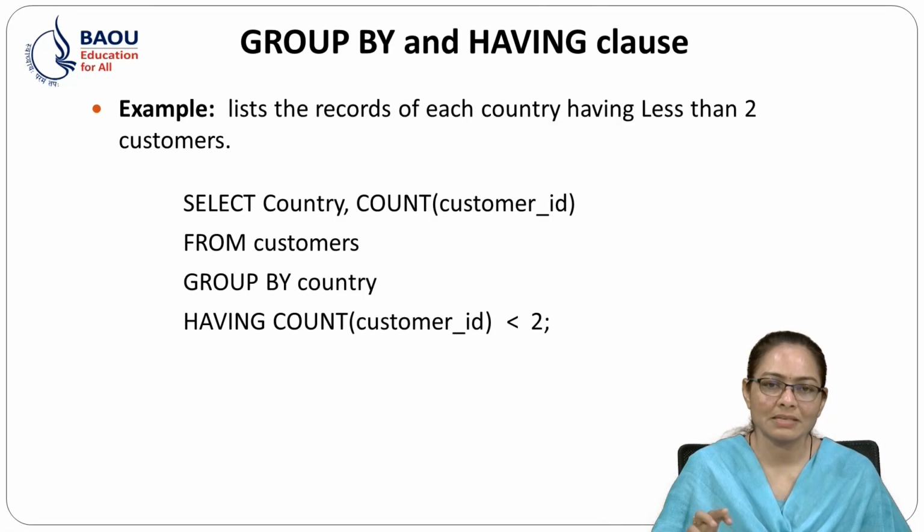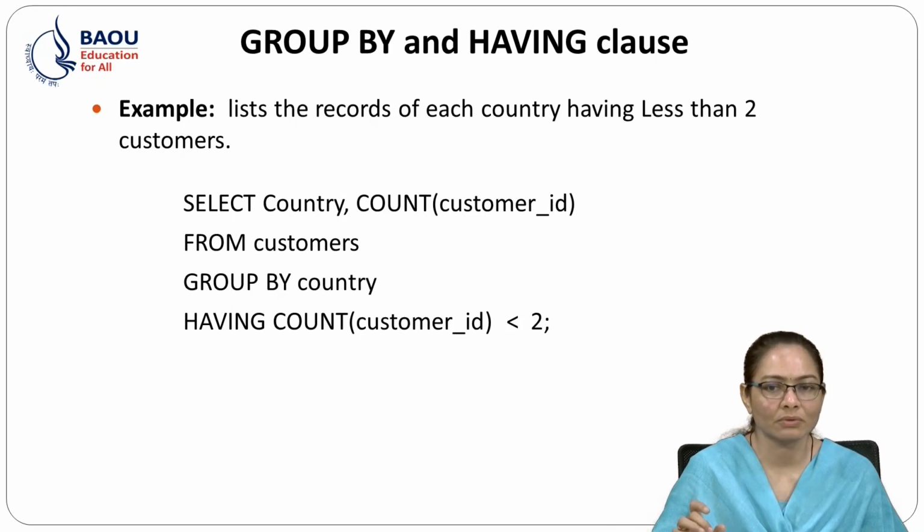So see, in simple terms, which wise do we want a record? Country wise. Okay, so we can write select country. The country is written with the group by clause. And which one is counted?